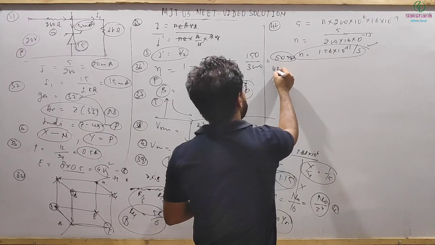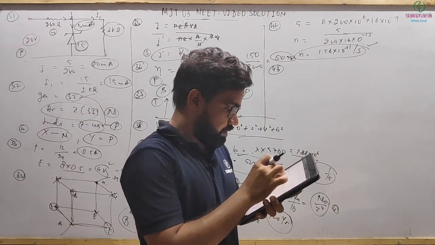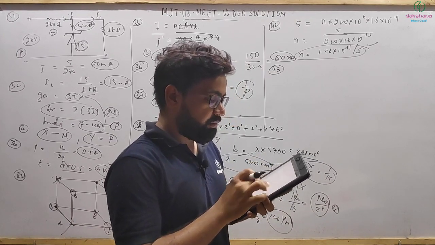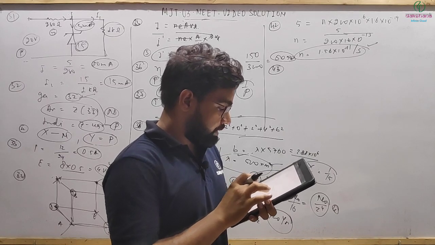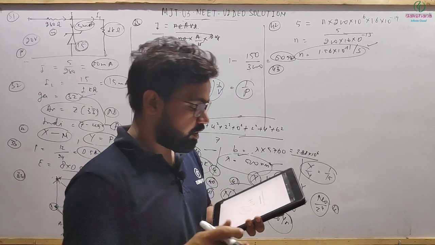Next, 43. A fuel reactor operating at a power of 5 watt. Next question: what is the ratio of area covered by the first and second orbit?